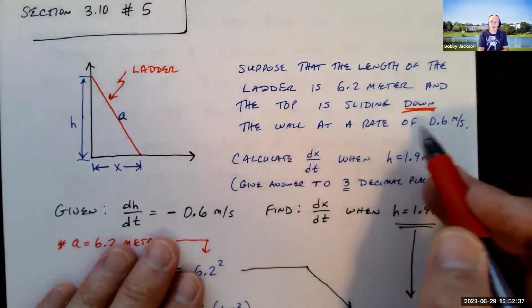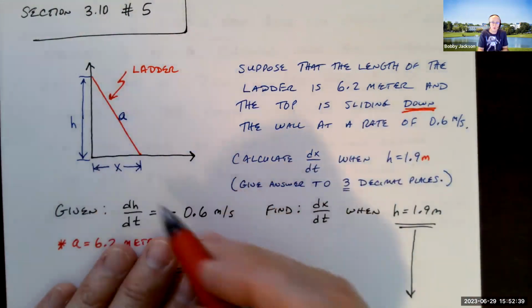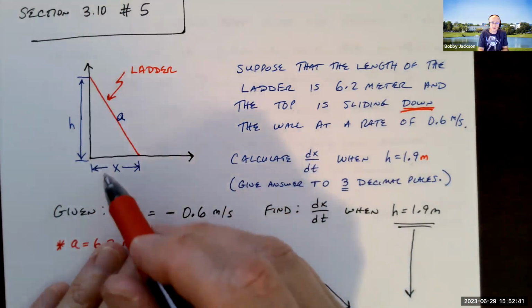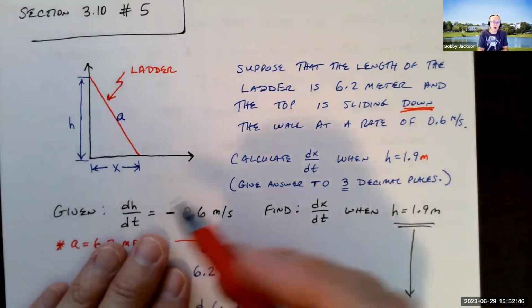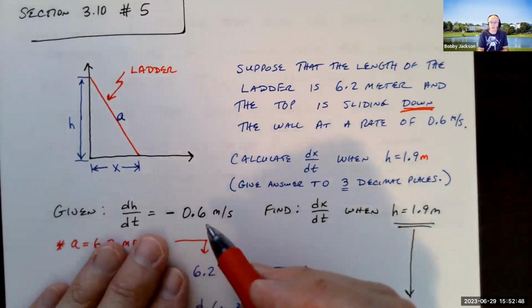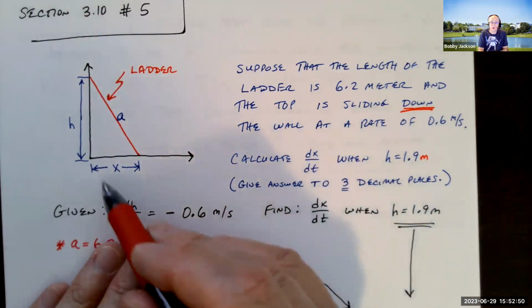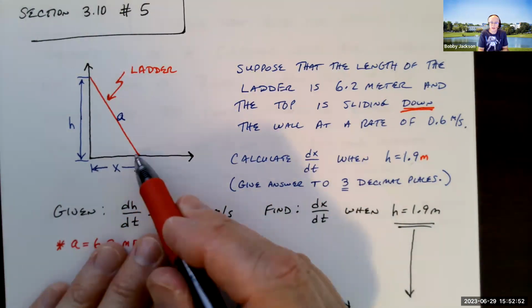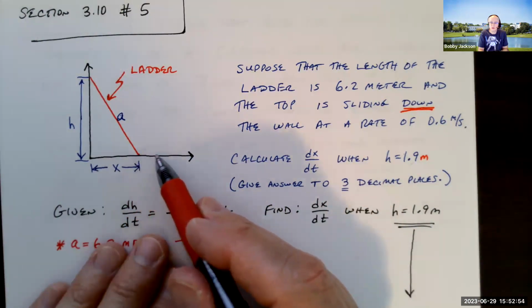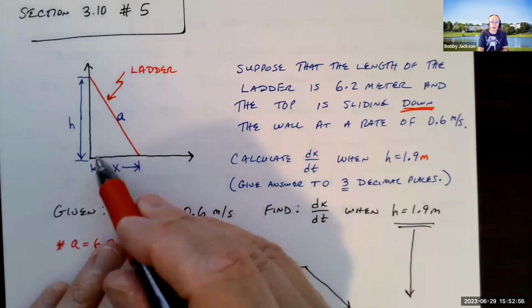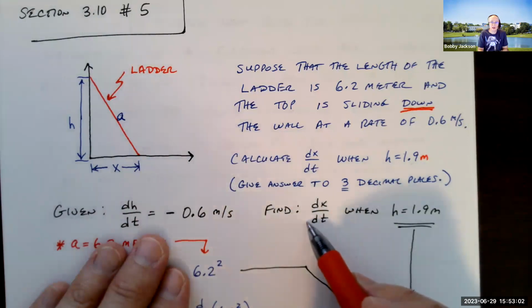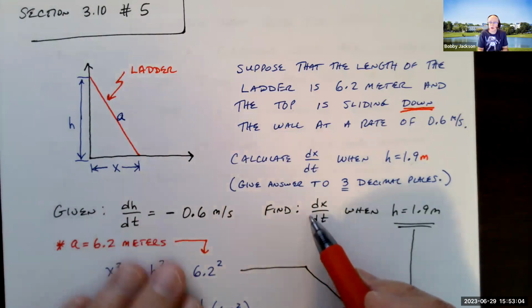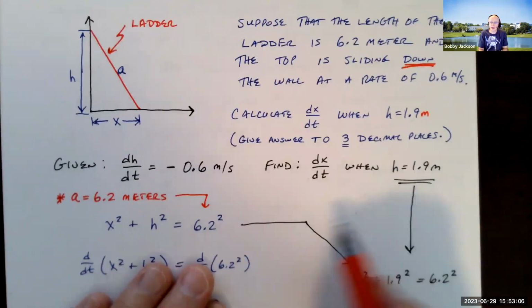You have to realize that if your quantity is getting smaller, that rate of change is negative. If the quantity is getting bigger, then it's a positive value. For instance, the bottom of the ladder is going to move to the right, making x bigger, further from the wall. So we're expecting dx/dt to be positive. If you get a negative value for dx/dt, you know something is wrong. So we're going to find dx/dt when h is 1.9.